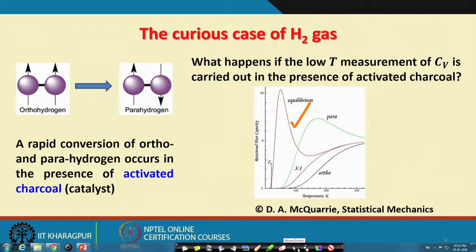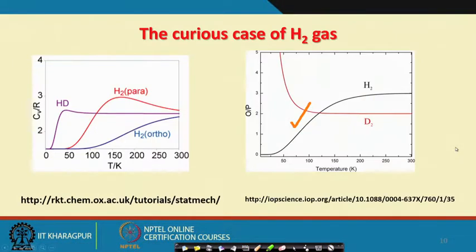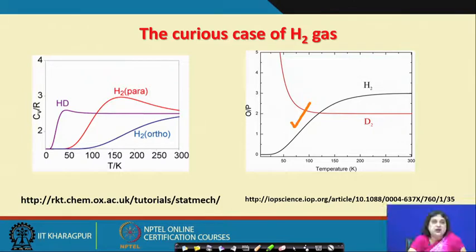And I would also like to highlight over here that this kind of behavior also extends to the cases of specific heat measured at low temperatures for not only the hydrogen molecule, but also for HD gas, or hydrogen H2 and D2 gas.